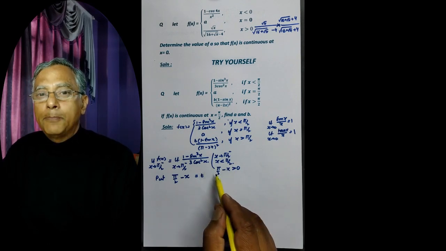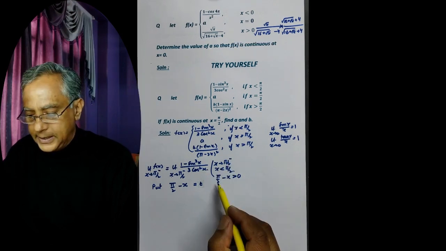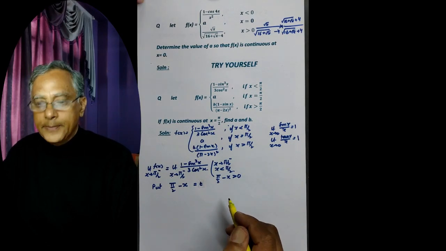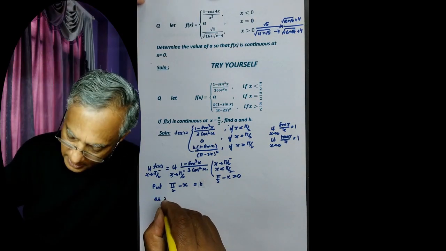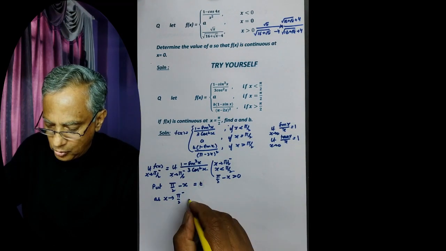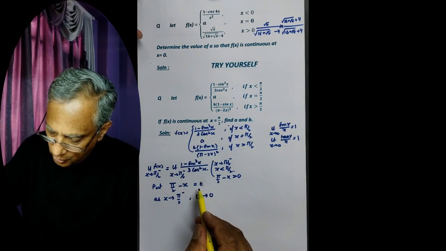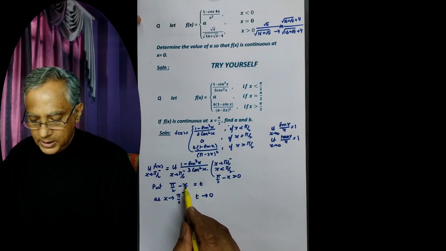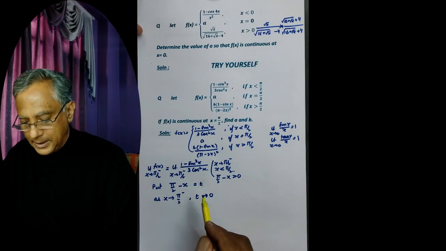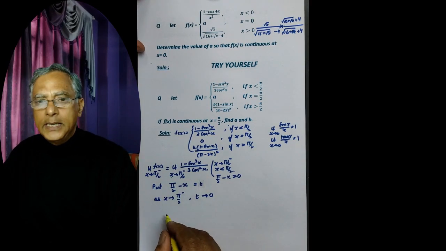So x minus pi by 2 will be positive and we will put x minus pi by 2 equal to t. If it is left hand side limit, we will put pi by 2 minus x equal to t because this is positive. Now as x approaches pi by 2 from negative side, t approaches 0. T will approach 0. This will be positive because x will be less than pi by 2.